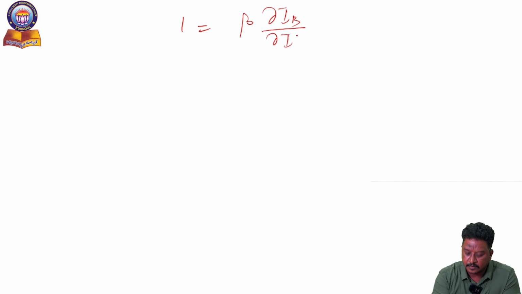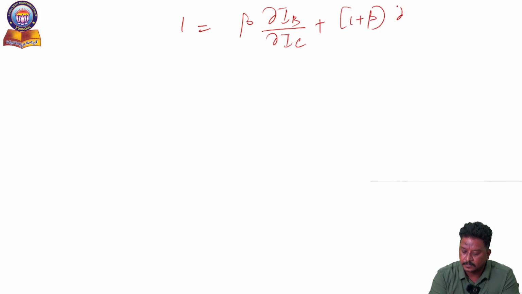So once again I am trying to highlight that equation. 1 is equal to beta into change of IB by change of IC, plus 1 plus beta into change of ICO by change of IC.